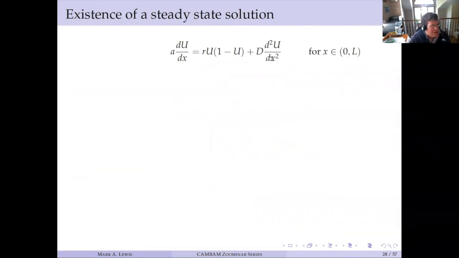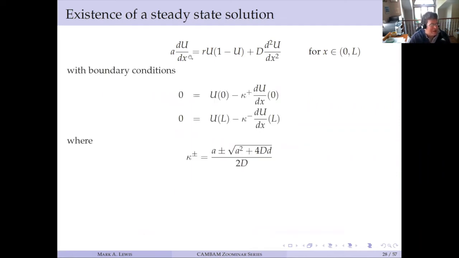The idea here is to look for the existence of a non-trivial steady state solution. So we've got the same equation, but now we're looking for something that doesn't change in time, so the du/dt term is gone. We'd like to have a solution to this which is non-zero. Whether or not such a solution exists depends critically on the size of the patch L. We would imagine maybe with small patches, we wouldn't have such a solution, but for large patches, we could.